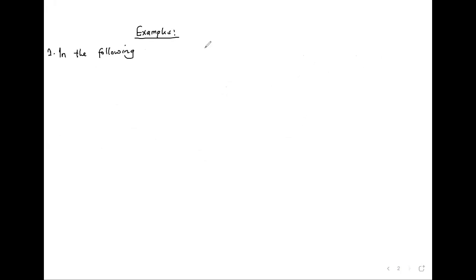In the following, check if the mean value theorem is satisfied, and if so, find the constant c.